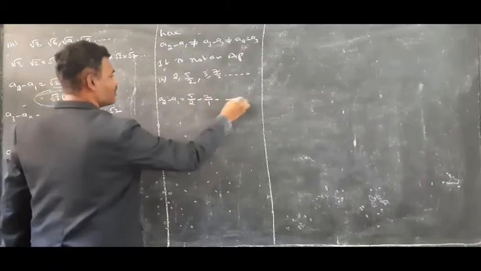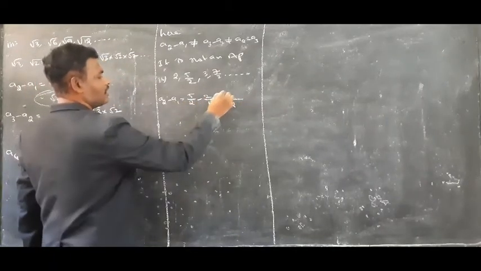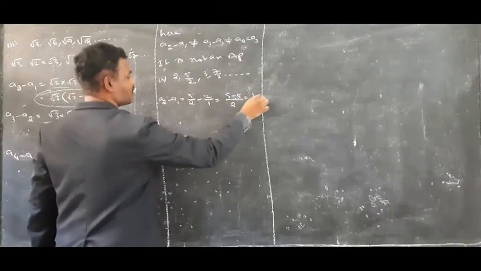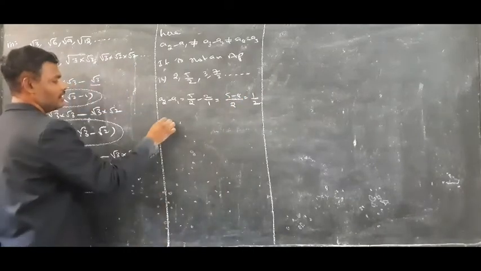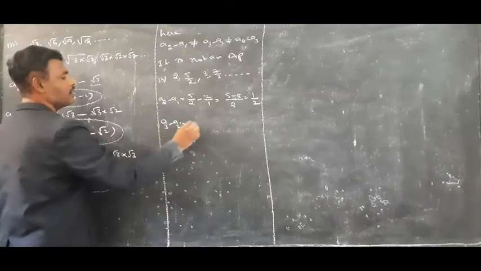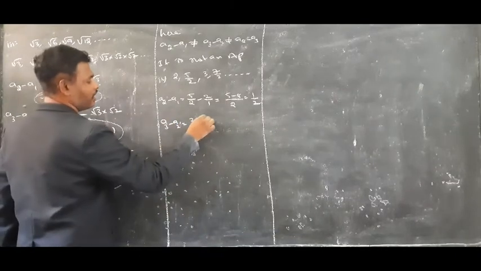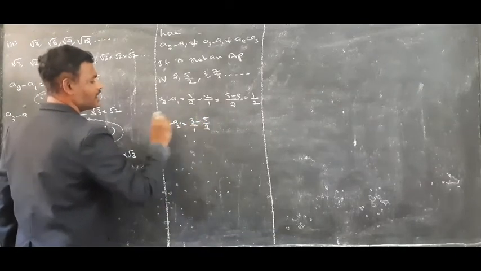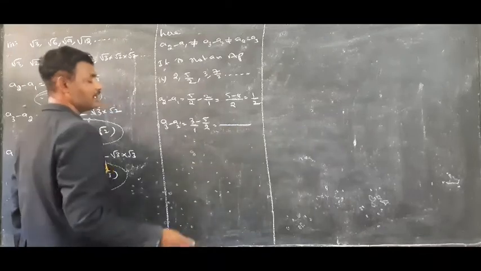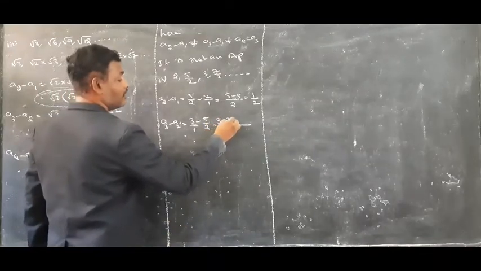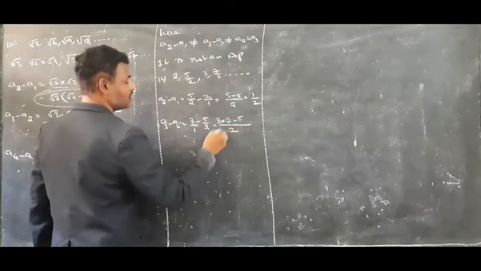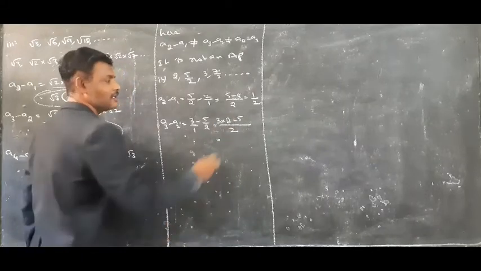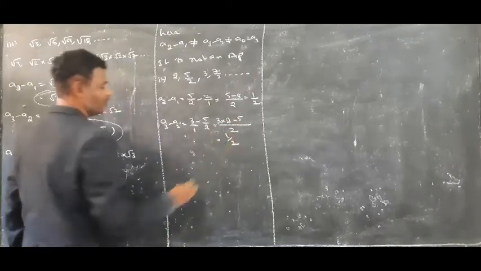What is the LCM here? 2 is the LCM. Then 5 minus 4 is equal to 1 by 2. Next A3 minus A2, 3 minus 5 by 2. Here 2 is the LCM, so 3 into 2 minus 5 by 2, 3 2s are 6. 6 minus 5 means 1 by 2.